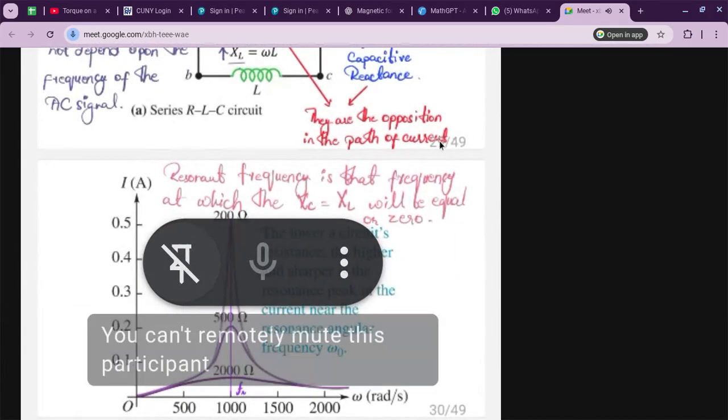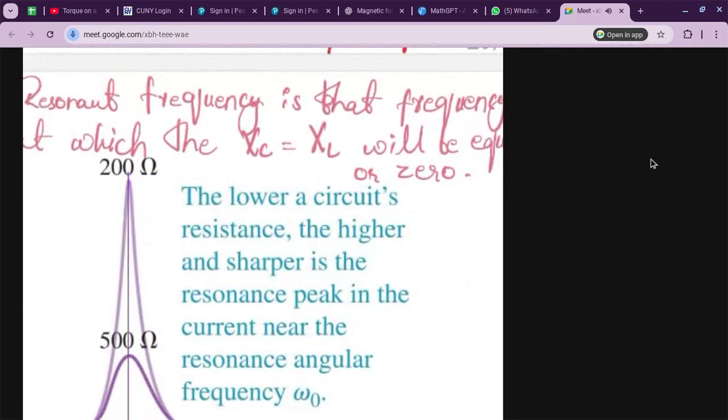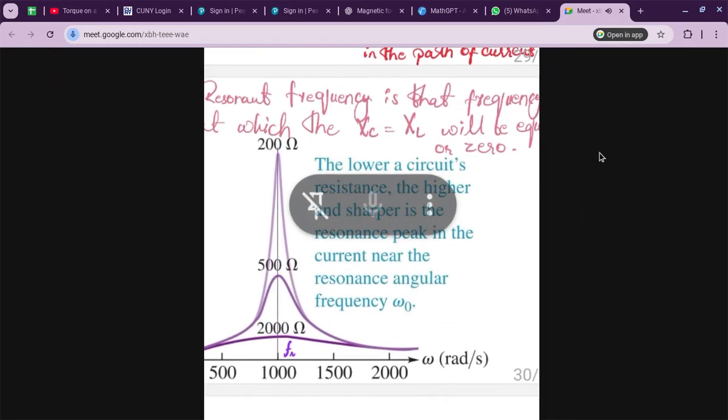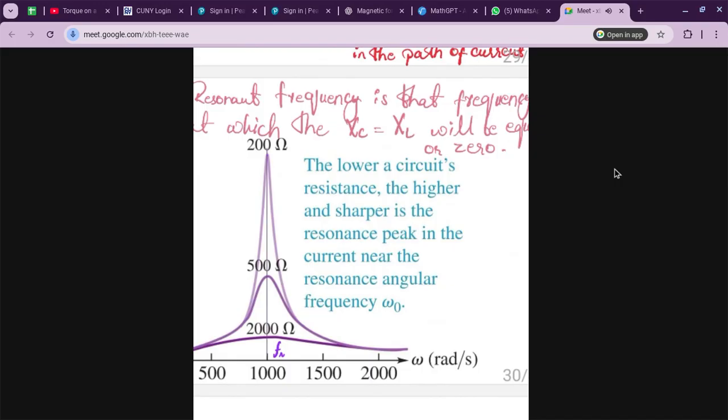Here they say the lower a circuit's resistance, the higher and sharper is the resonance peak.